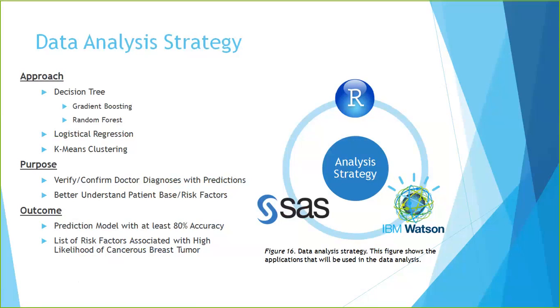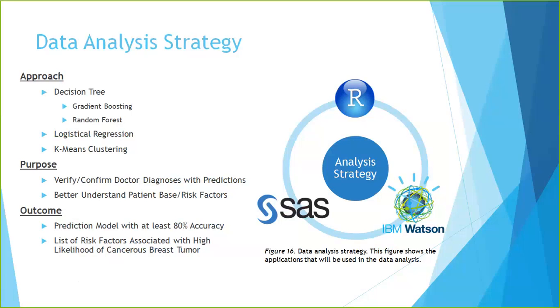The descriptive statistics and model will then provide further insight into the characteristics of the patient base overall. It's my hope that that will provide the doctors with the ability to give personalized care and truly understand the risk factors associated with cancerous tumors. So I'm going to be creating a normal decision tree within Enterprise Miner, along with a gradient boosting decision tree and a random forest model.